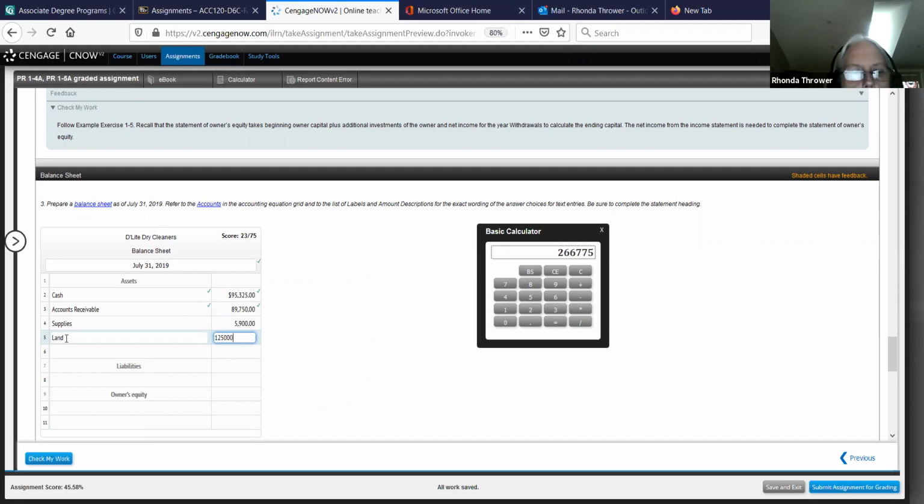That was all of our assets. So we're going to total up our assets, and we're going to write down the total here. So we start with cash of $95,325. I'm going to add to it my $89,750.